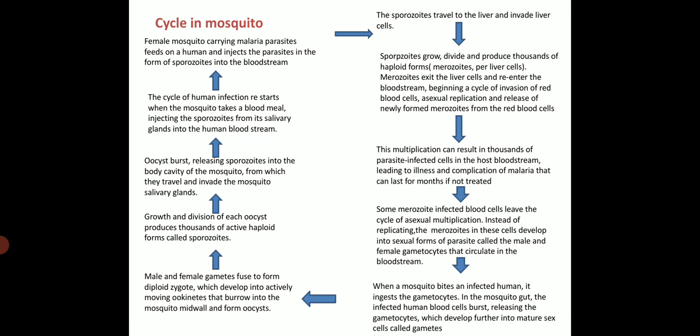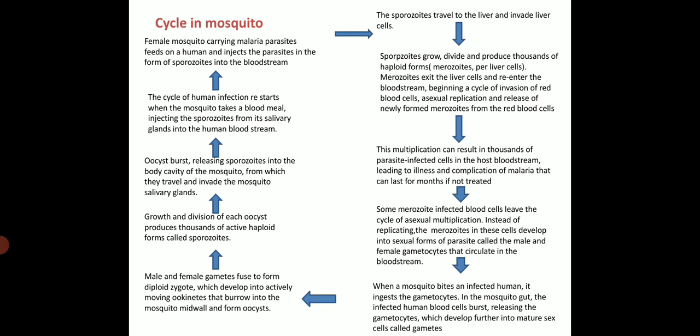This multiplication can result in thousands of parasite-infected cells in the host bloodstream, leading to illness and complications of malaria that can last for months if it is not treated. Some merozoite-infected blood cells leave the cycle of asexual multiplication.